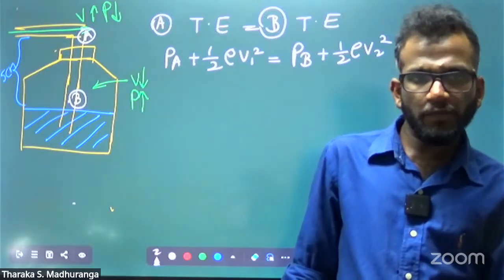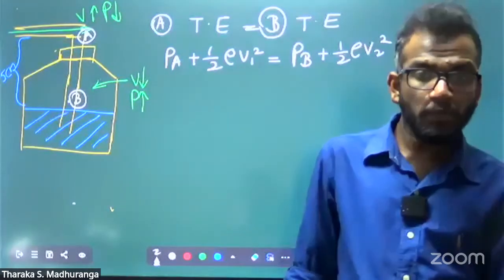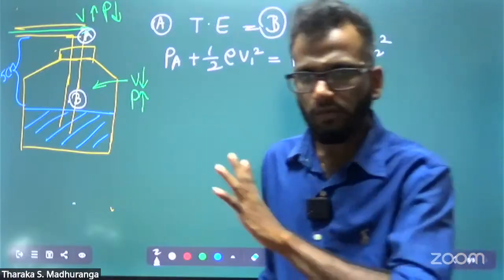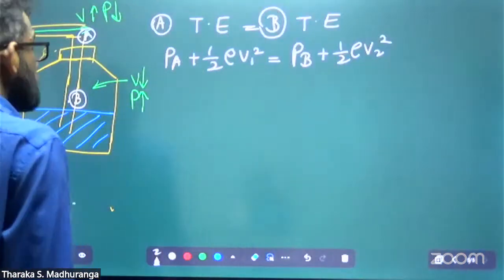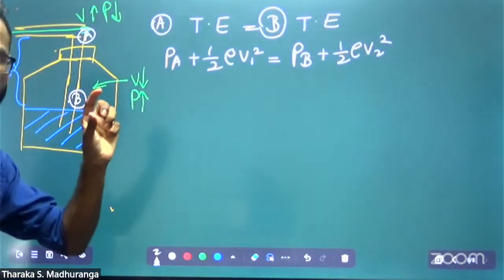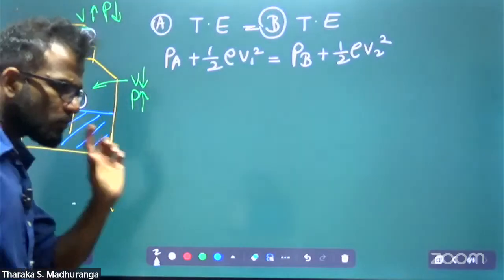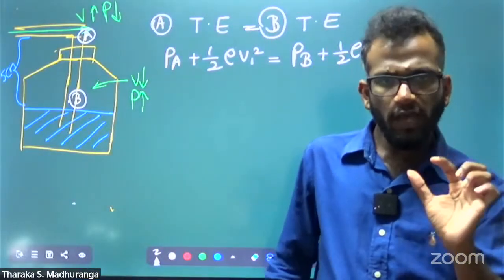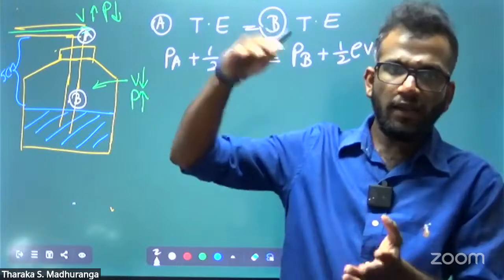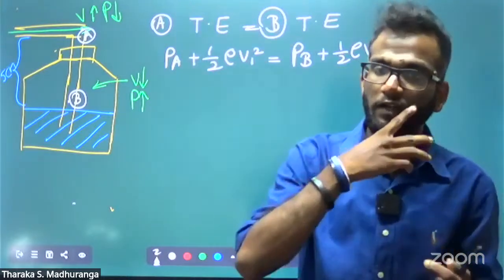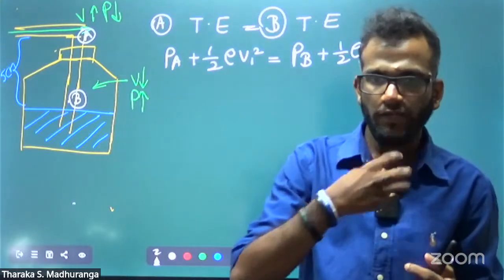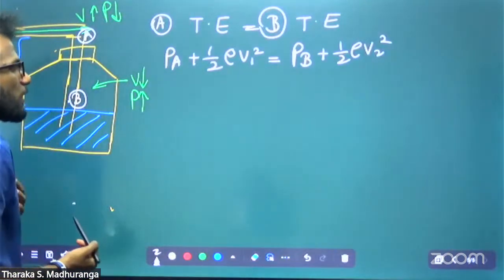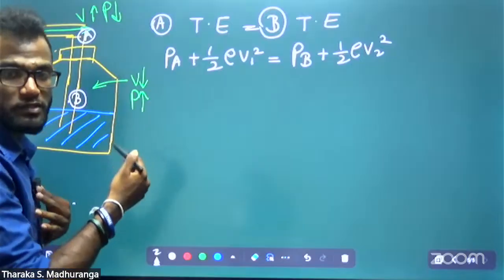Actually, for this type of question, if you include the potential energy, it becomes too complex. There is a height of 5 centimeters. We don't consider such a very small height, like in an airplane, 5 to 10 meters height only we consider as potential difference. So we can neglect it, but we need to consider this height for the final question. I will show you.